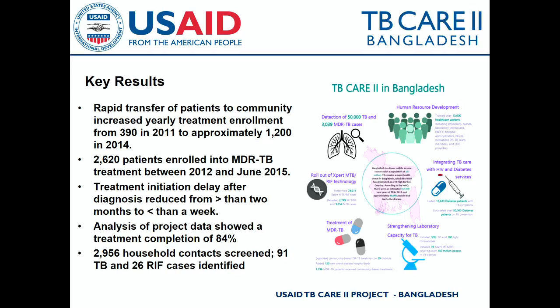Some of the key results since the introduction of community-based MDR-TB: the first was the rapid transfer of patients to the community. This increased annually from 390 when the project started to approximately 1,200 patients in 2014 transferred from hospital back to the community.